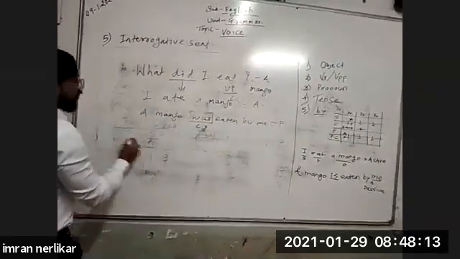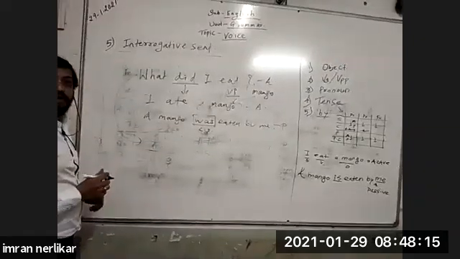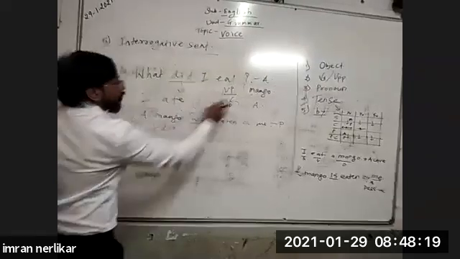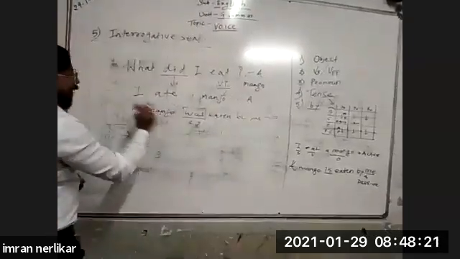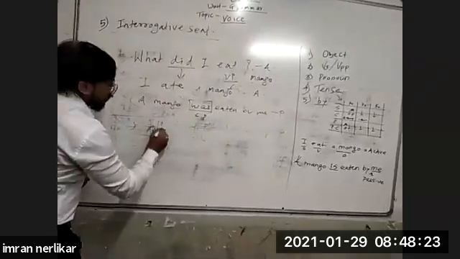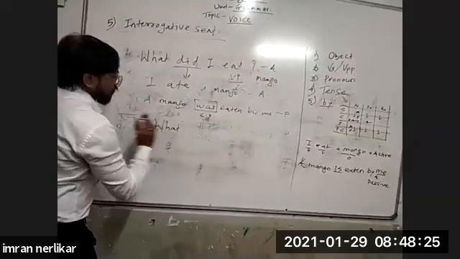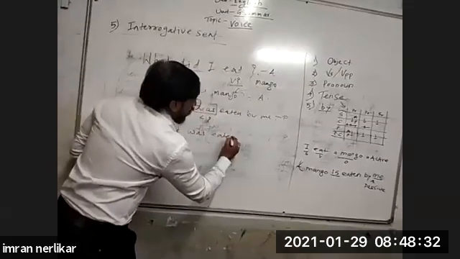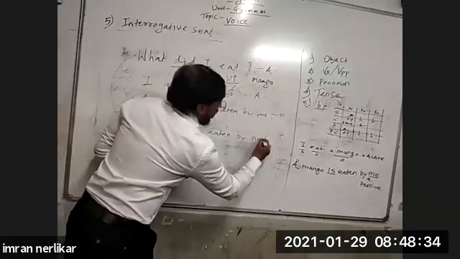Now you have to convert this into a WH question. What is the answer? Mango. What was eaten? Mango. So, what? WH question. What was eaten by?